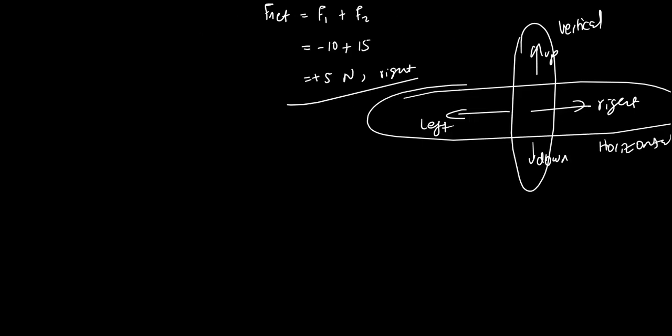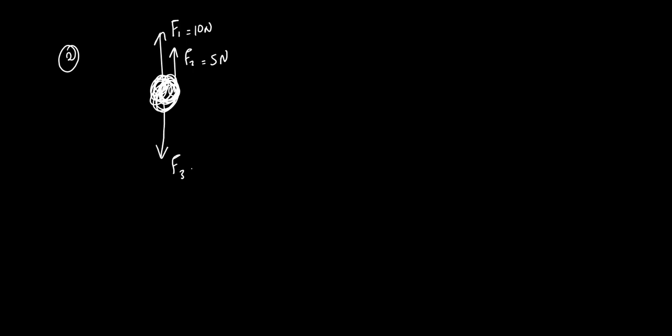Now let's talk about force vertically. Let's just say this is F1, which is 10 newtons, and then let's just say here we have another force acting upwards, F2, which is 5 newtons, and then we have another force that is acting down, F3, which is 16 newtons.